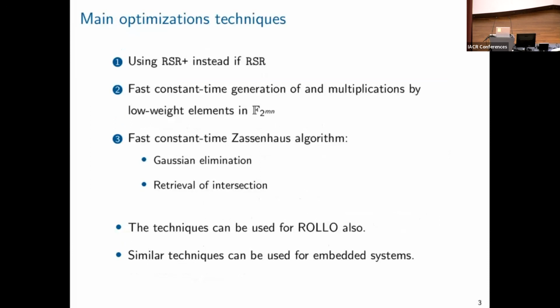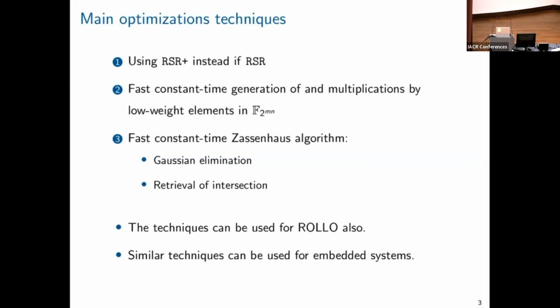Okay, so here are our main optimization techniques. First of all, we improved the RSR decoding algorithm a little bit, and we call the result the RSR plus algorithm, and the resulting cryptosystem Rollo plus. We also have techniques for generating low-weight elements quickly, and multiplying by low-weight elements quickly.